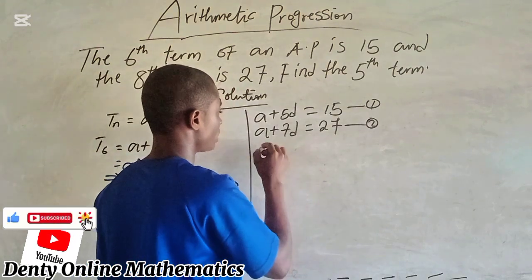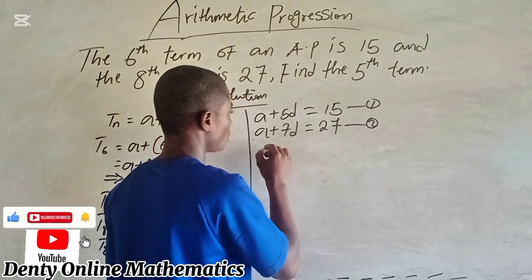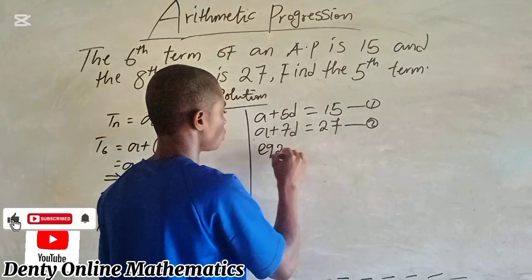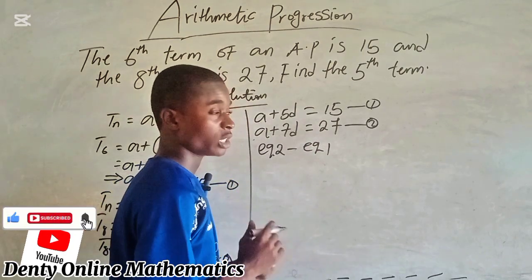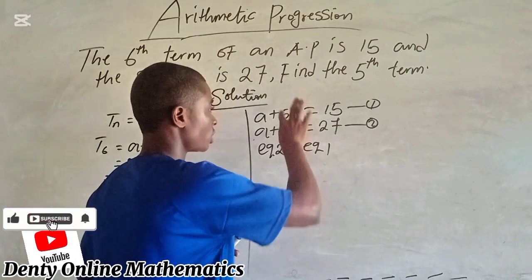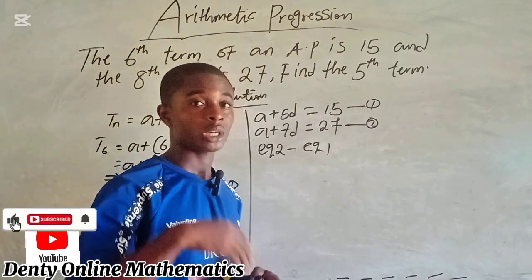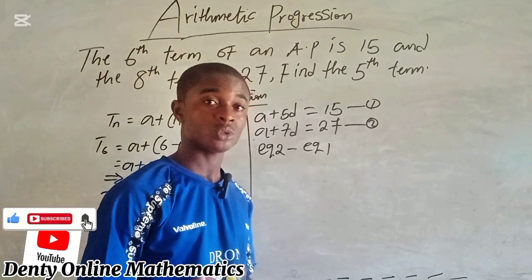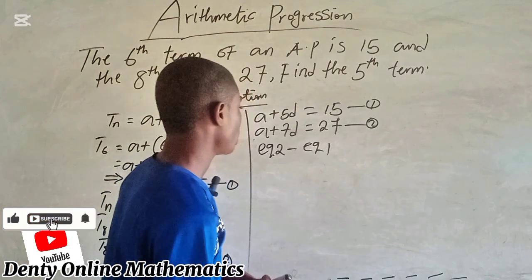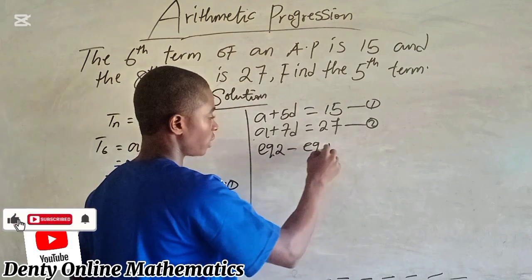I would simply say equation 2 minus equation 1. You can solve it using any method, because now you have a simultaneous equation, of which you can use the substitution method, the graphical method, or the elimination method. But I just want to make this fast. So equation 2 minus equation 1.